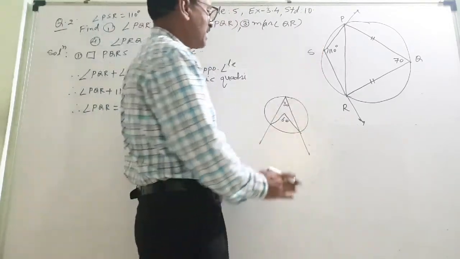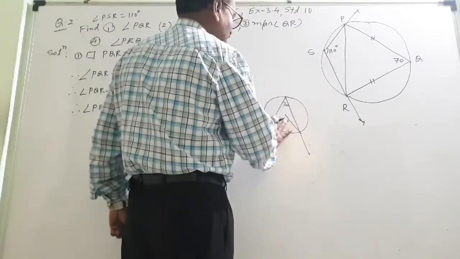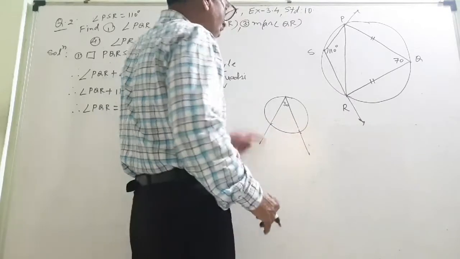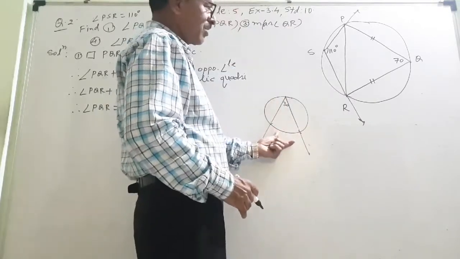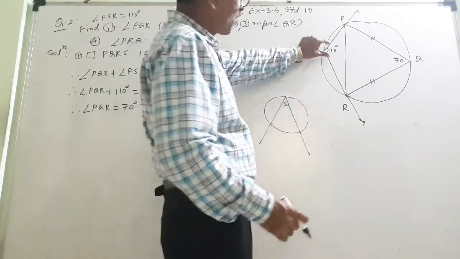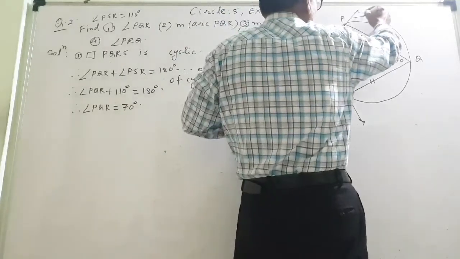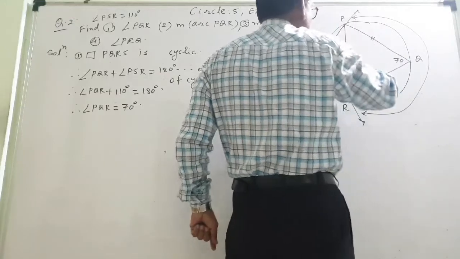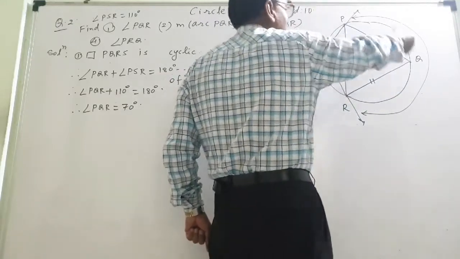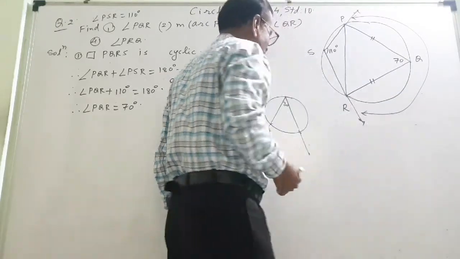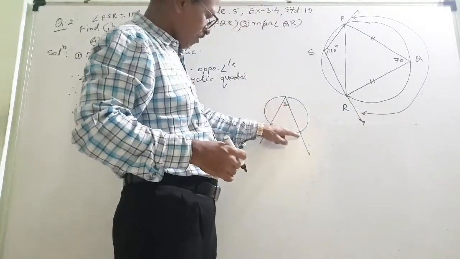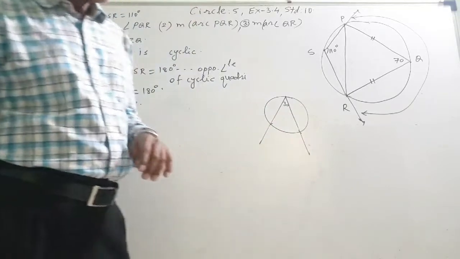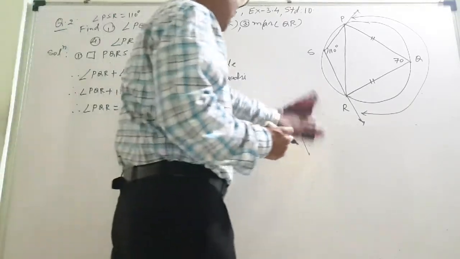Now in this case, the figure is like this. The central angle is not there. From this angle I can find the measure of this arc. This angle is half of this arc. That means the arc is double. This is called the inscribed angle theorem.